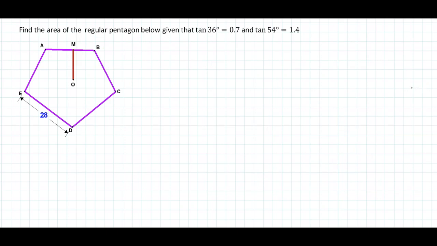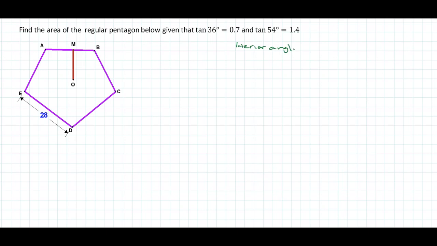Next example, we're going to look at this pentagon. Tan 36 is 0.7, and tan 54 is going to be 1.4. So I showed you earlier that for this pentagon, each of the angles is going to be 108 degrees. So how do you get to it? We have the interior angle.